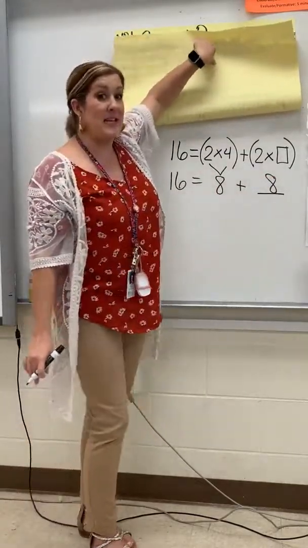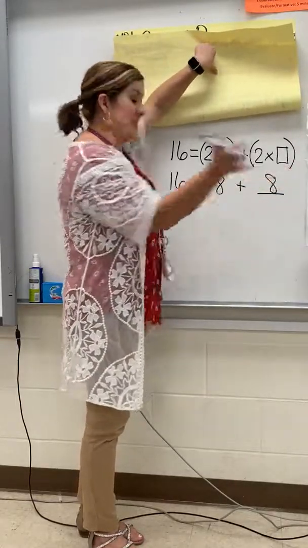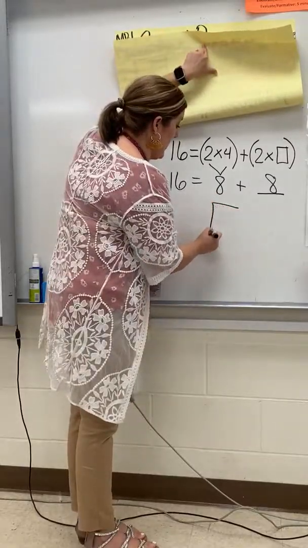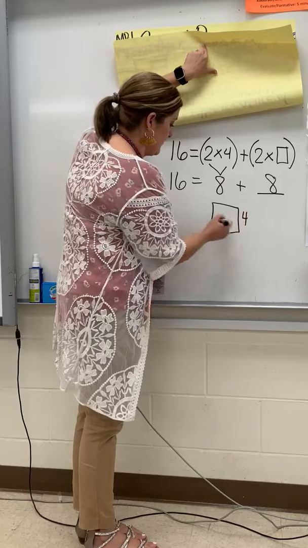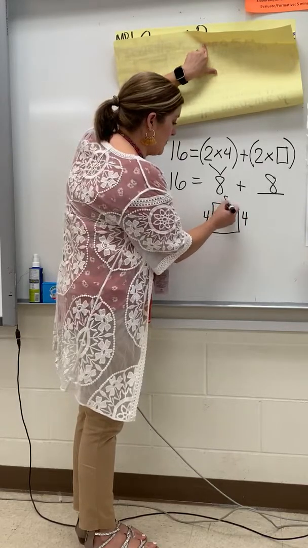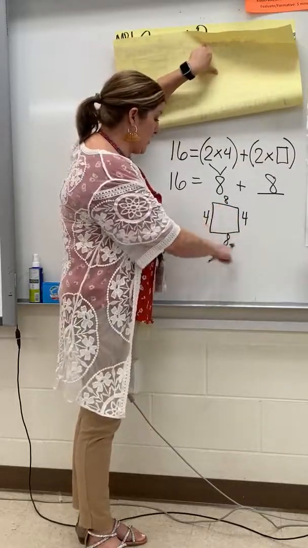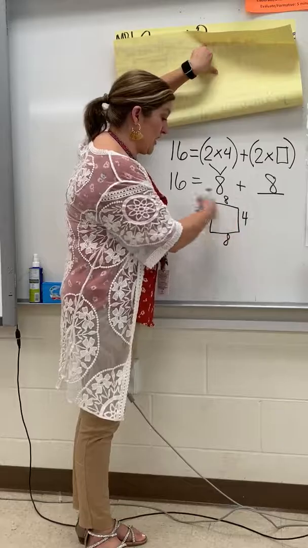The mistake many students make is they think now that their width is 8. So they stop right there, but if they actually check their work, if they put 8 and 8 as their widths, this is not a perimeter of 16. It's now a perimeter of 24.